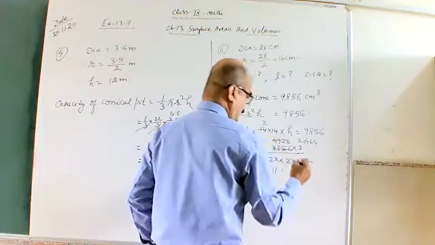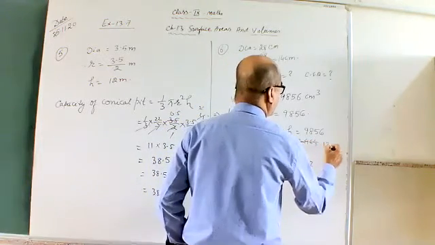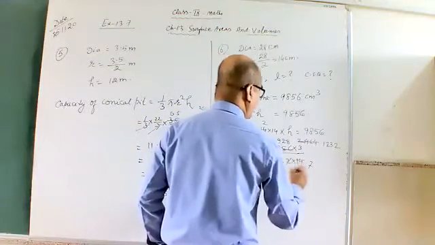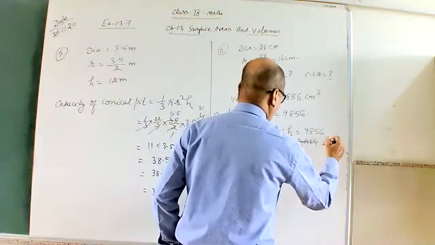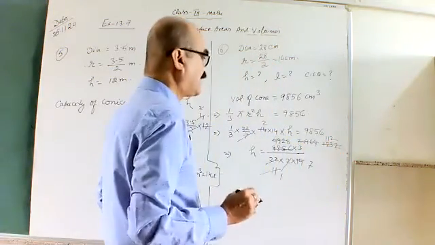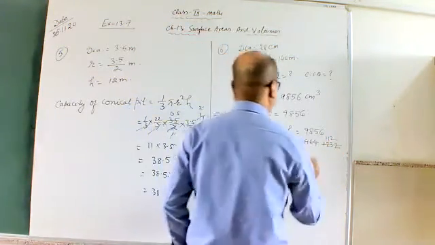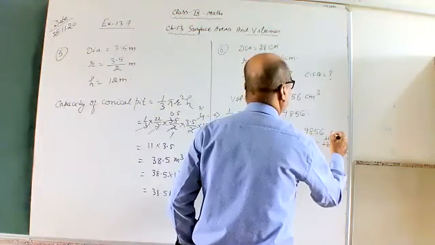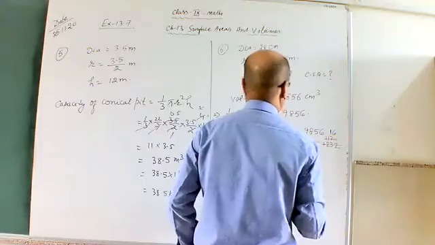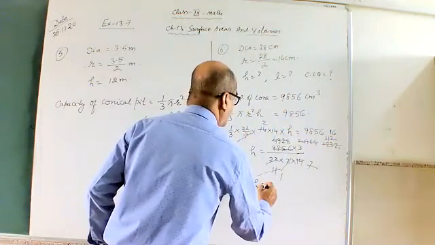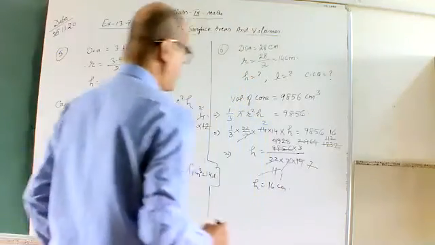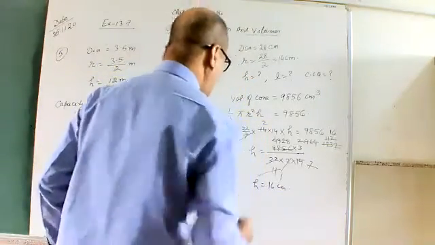Then by 11 you can cancel it, 11 ones are 11, 11 twos are 22, and then this will be cancelled by 7, 7 ones are 7, 7 twos are 14. So here h is equal to 16 centimeter.